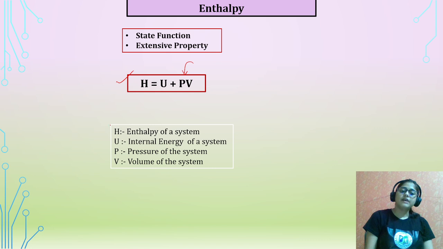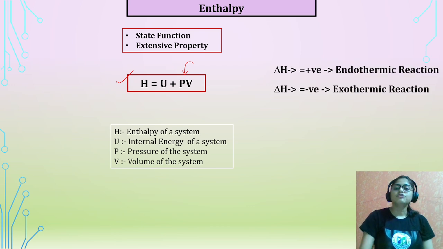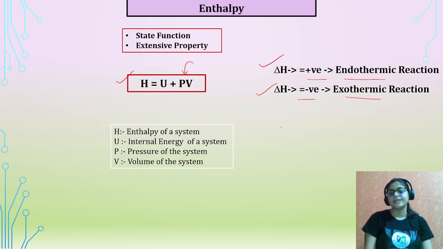So these are the terms here. P is the pressure, V is the volume, and U is the internal energy. So when delta H is positive, it is called an endothermic reaction, and when delta H is negative, it is called an exothermic reaction.